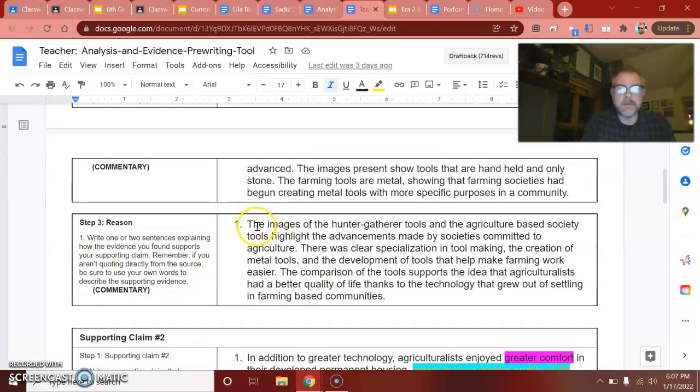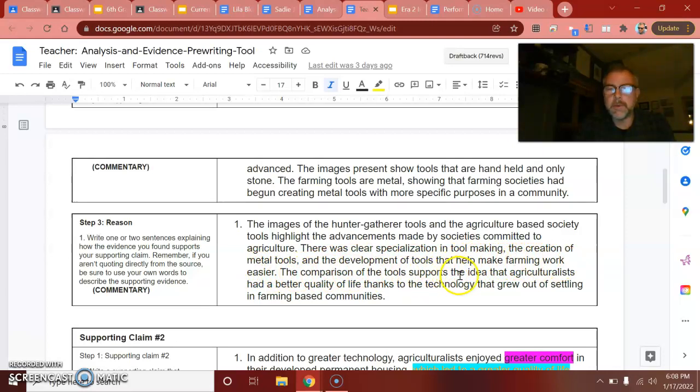And then I want to explain how this proves my supporting claim. They highlight the advancements made by societies committed to agriculture, clear specialization, the creation of metal tools, and the development of tools that help make farming work easier.